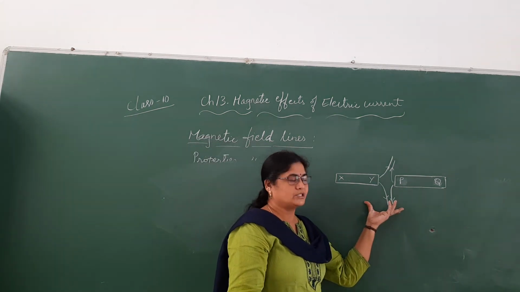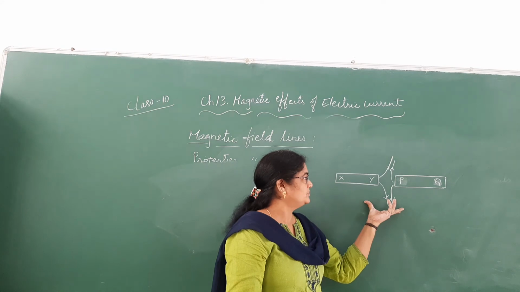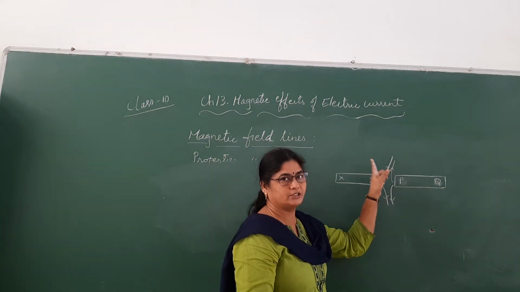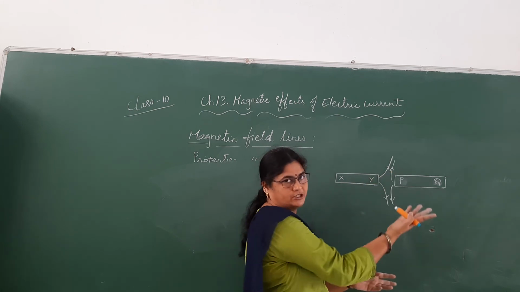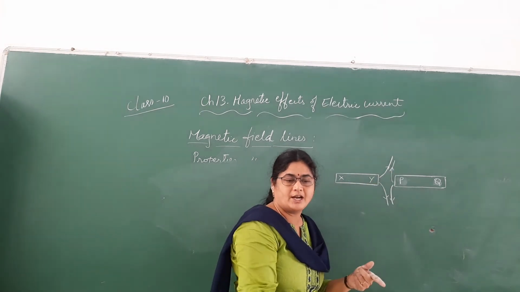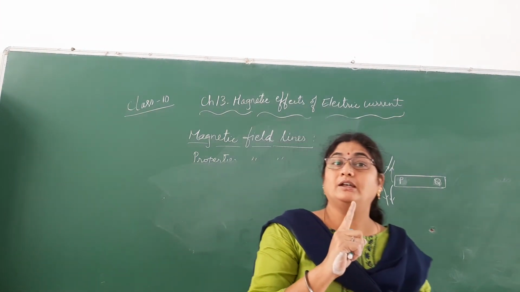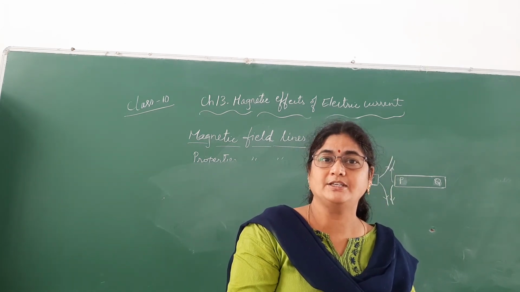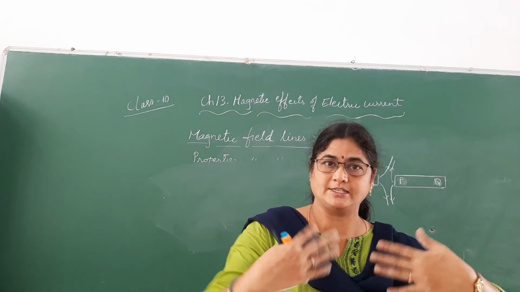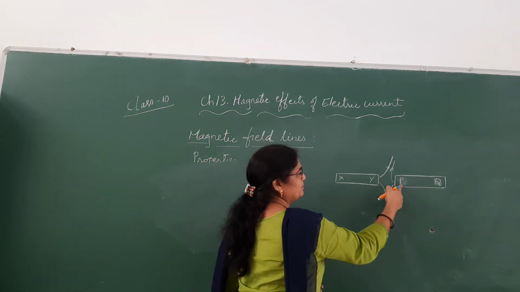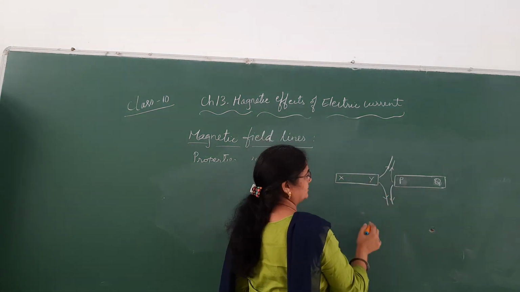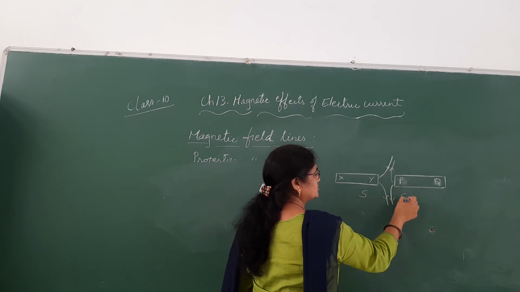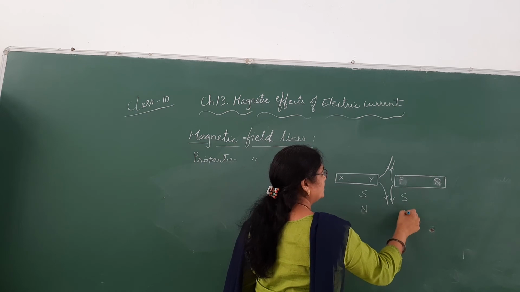What do they indicate? If you observe here, the field lines are repelling each other. They are moving away from each other. And we know that like poles always repel each other. So the magnetic field lines repelling each other means similar poles are facing each other. So Y and P may be south and south or north and north.